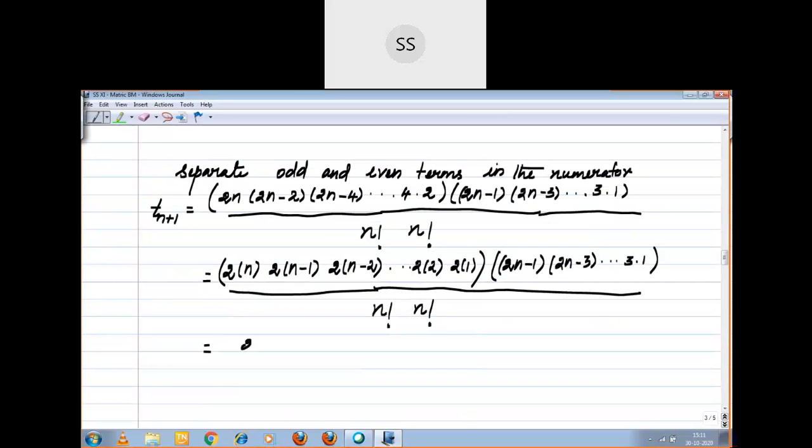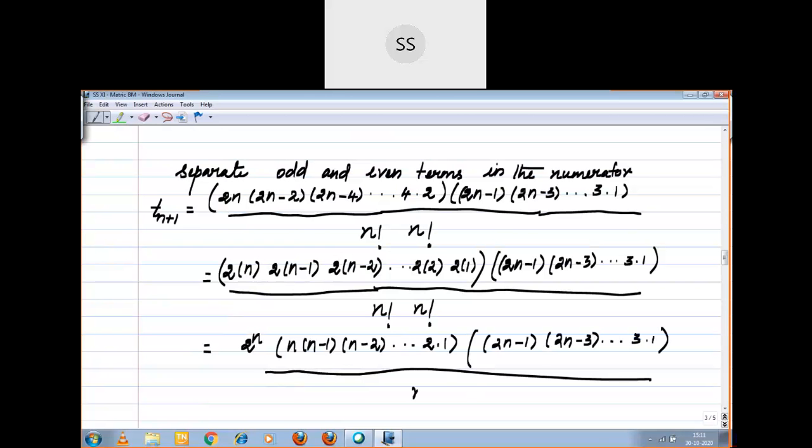There is no change in the odd term, I said. The whole thing divided by n factorial into n factorial. See, 2, 2, 2, 2, how many times are there? N times. So 2 into 2 into 2 into 2 n times can be written as 2 to the power n.